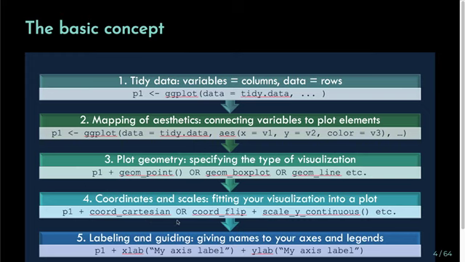So that gives us a bunch of different options, such as rescaling our axes, or flipping our axes, or changing the scale we're looking at. And then finally, we can mess around with the labels and the tick marks and the breaks and everything, or the legends. So it's really quite a versatile way of approaching data visualization, and I personally love ggplot.